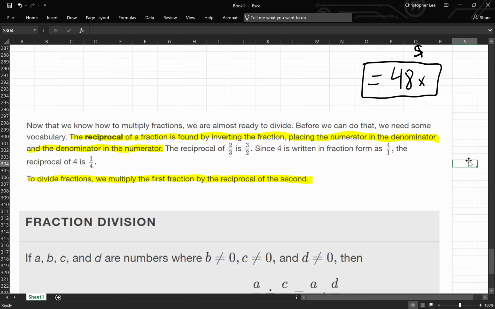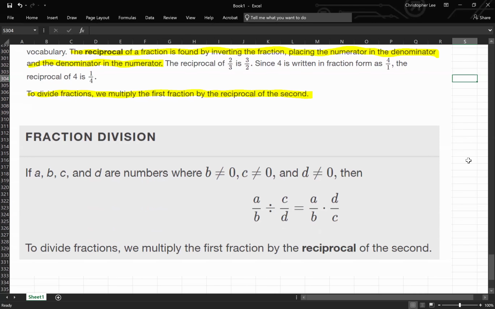All right. So to divide fractions, we multiply the first fraction by the reciprocal of the second, right? Which is keep change flip. So check this out. Here's fraction division.